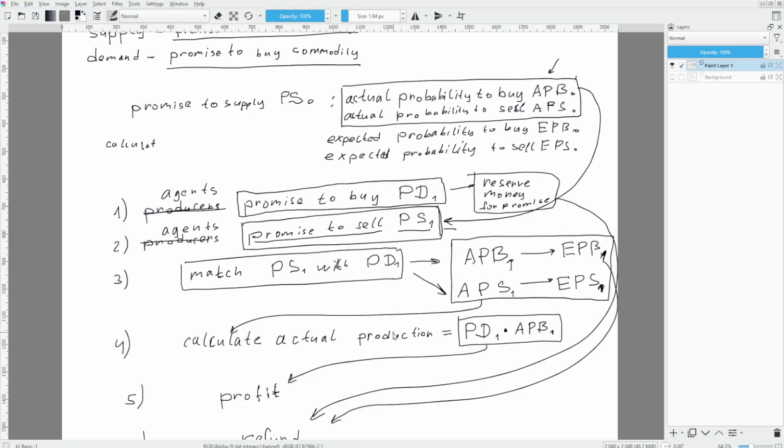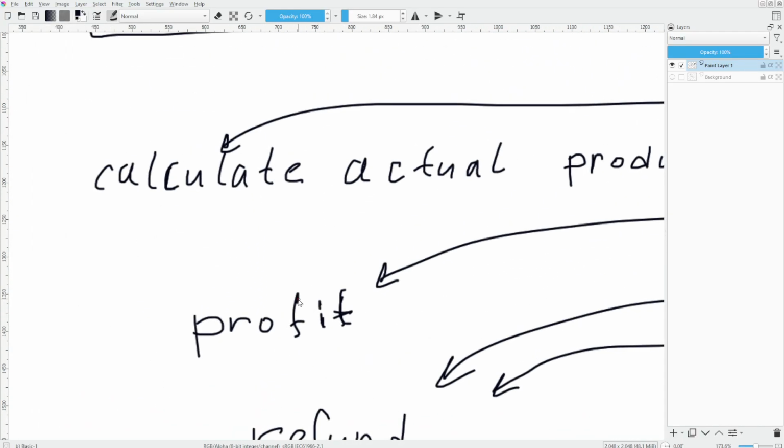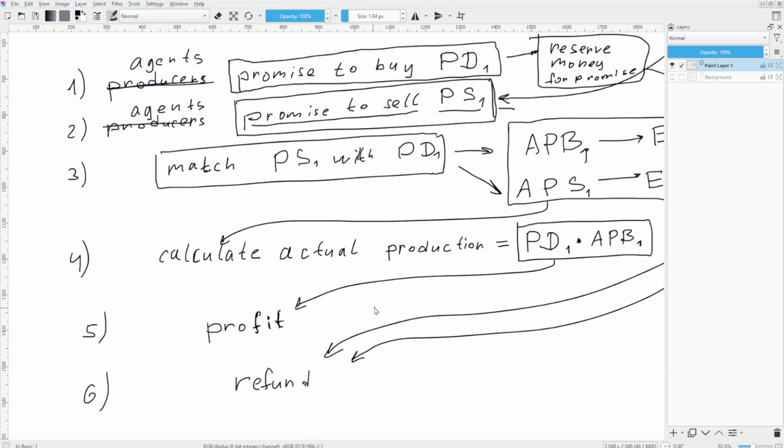But there are a few questions still. Okay, there is a certain amount of profit, right? But sometimes this profit could be negative, right? And who gets the negative profit? Because usually, if the profit is negative, it means that someone should suffer the losses.